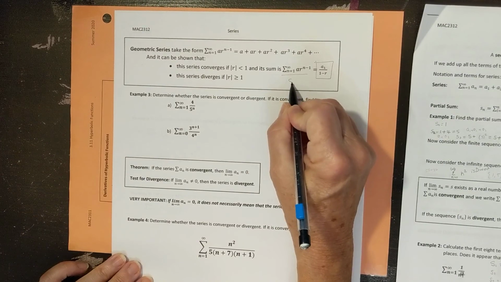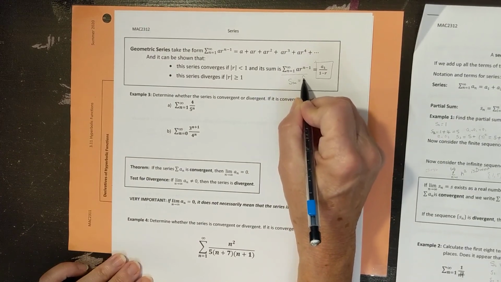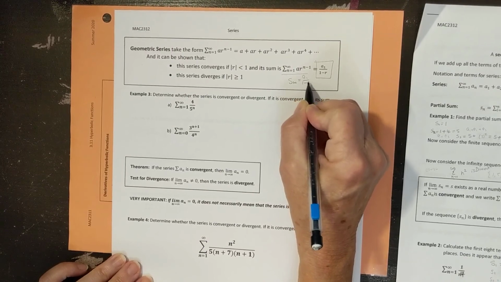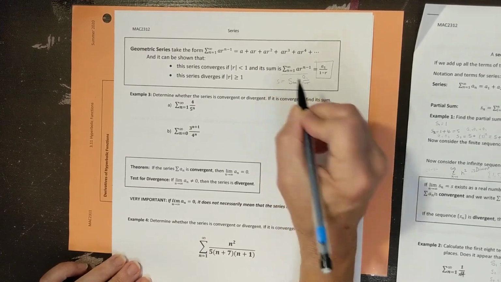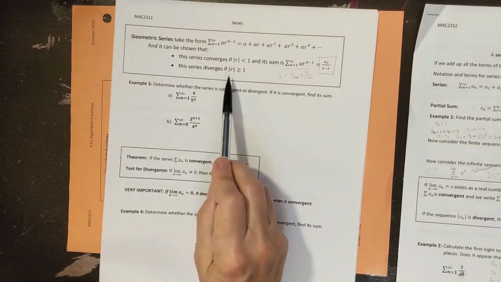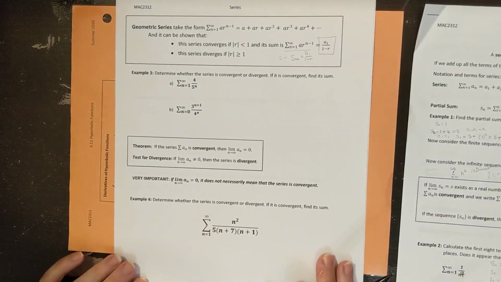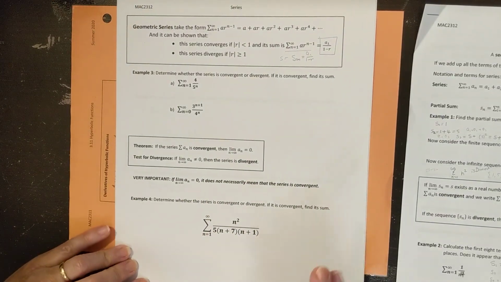In pre-calc, we used to write this as s sub infinity, the sum of an infinite amount of terms is a sub 1 over 1 minus r. Here, they're just referring to that as s. The series will diverge if the absolute value of r is greater than or equal to 1. So if you have a geometric series and the common ratio is greater than or equal to 1, it's going to diverge.